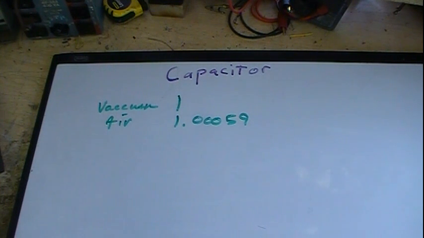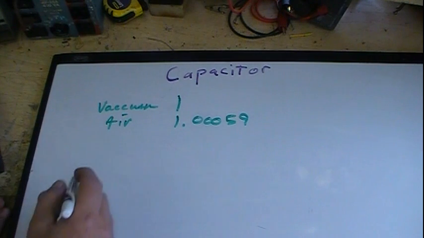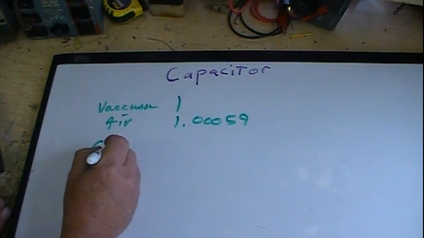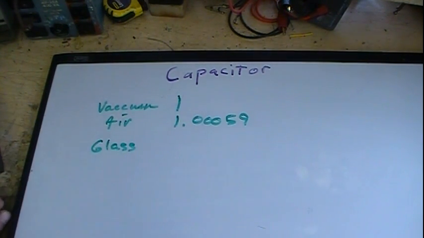Some other common ones that you will probably see or deal with: glass. Where's a glass capacitor? Picture tube. It has a coating called aquadag, which is basically a graphite coating on the inside and mostly on the outside as well.